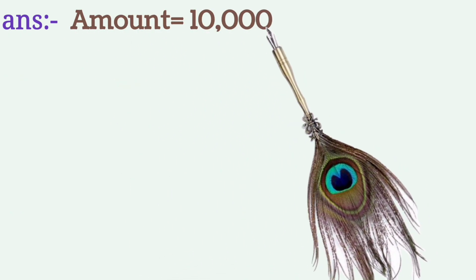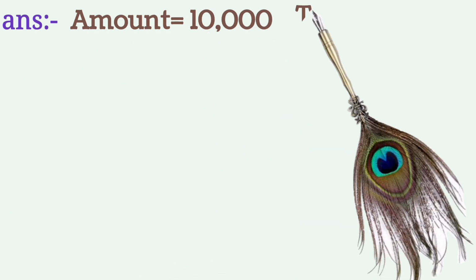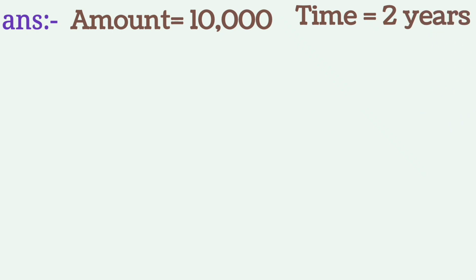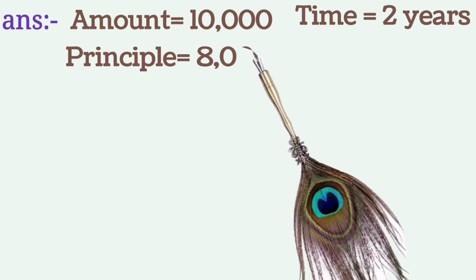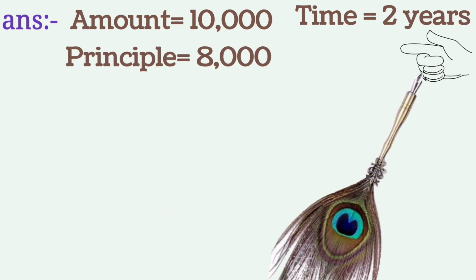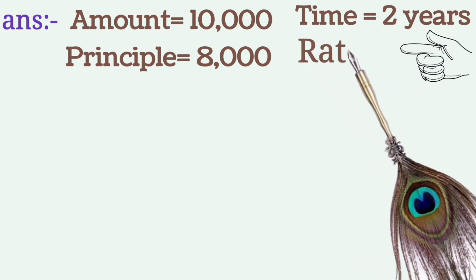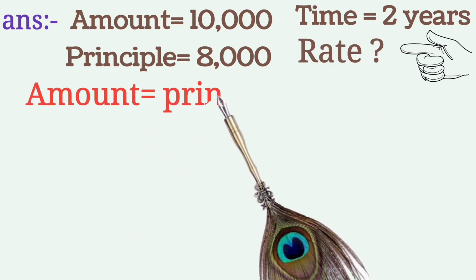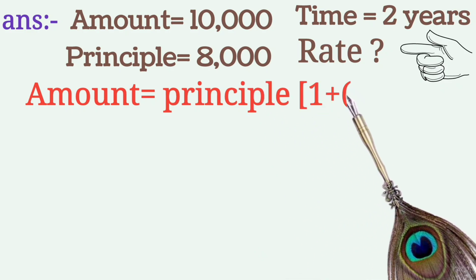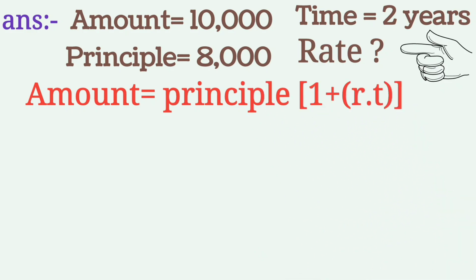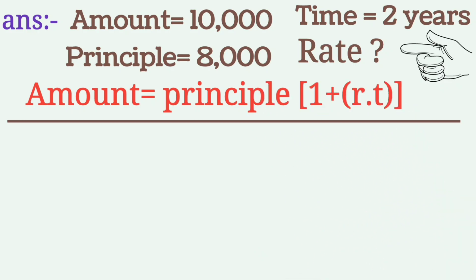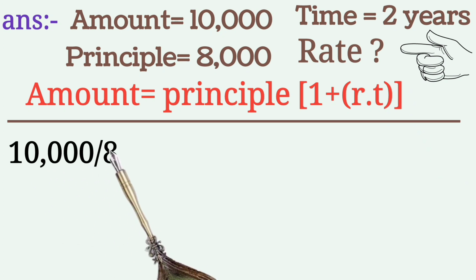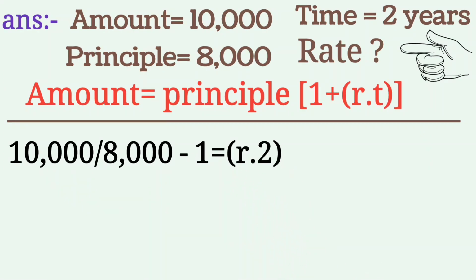Let's move to the solution of question 4. Amount is equal to 10,000. Time is equal to 2 years. Principal is equal to 8,000. And rate we need to find. We use the formula amount is equal to principal into 1 plus R into T. So 10,000 divided by 8,000 minus 1 is equal to R into 2.